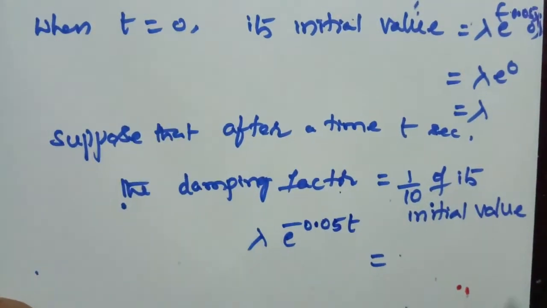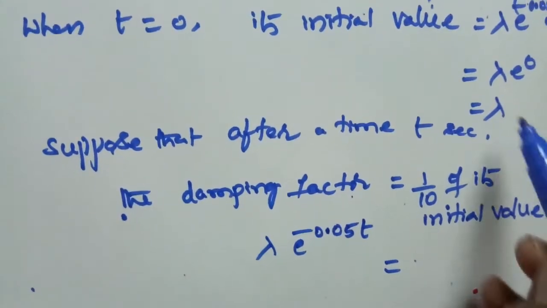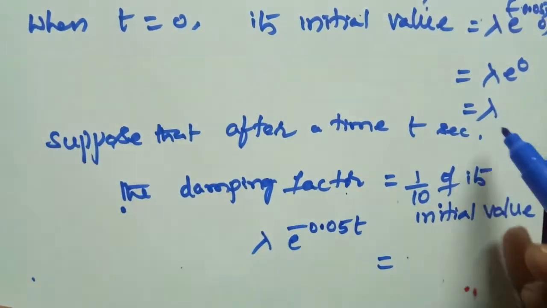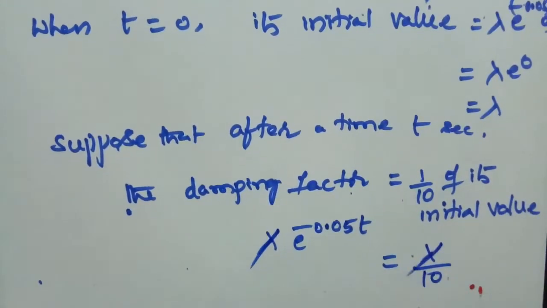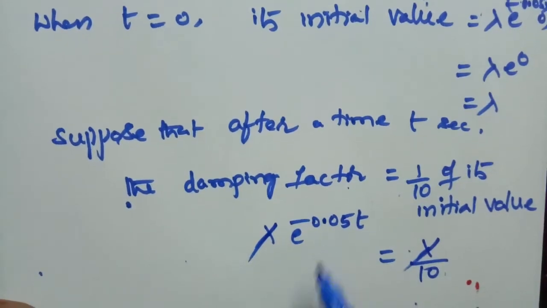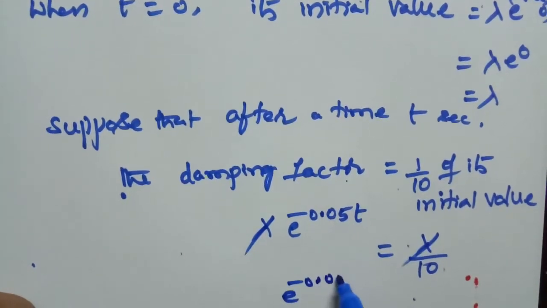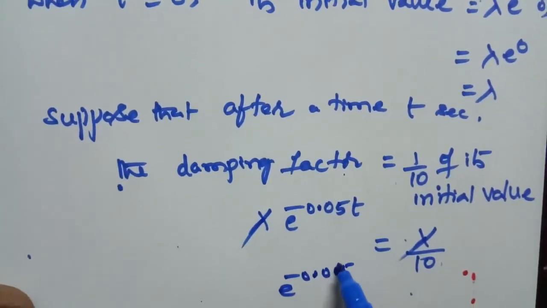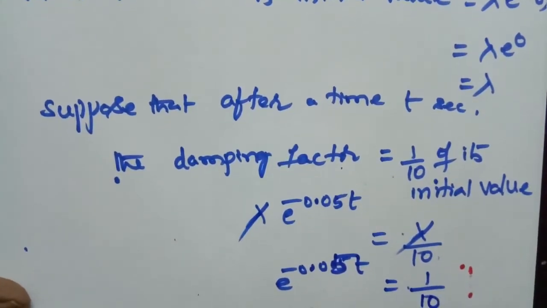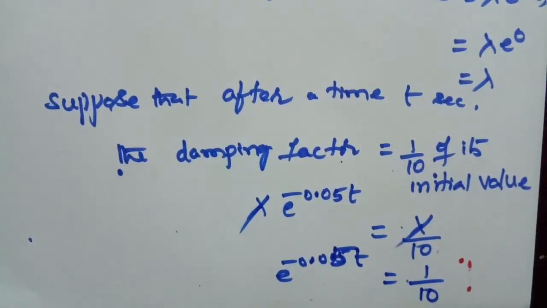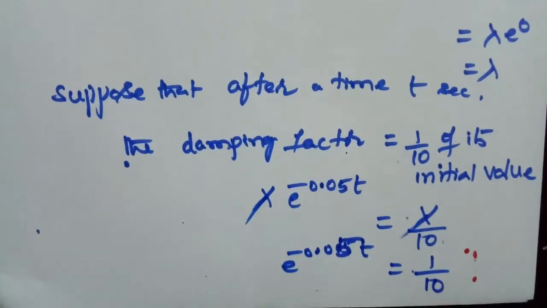Initial value of the damping factor is lambda. 1 by 10 of lambda is lambda by 10. Therefore, here lambda gets cancelled. Therefore, this becomes e to the power of minus 0.05t is equal to 1 by 10. Therefore, minus 0.05t is equal to log 1 by 10 to the base e.